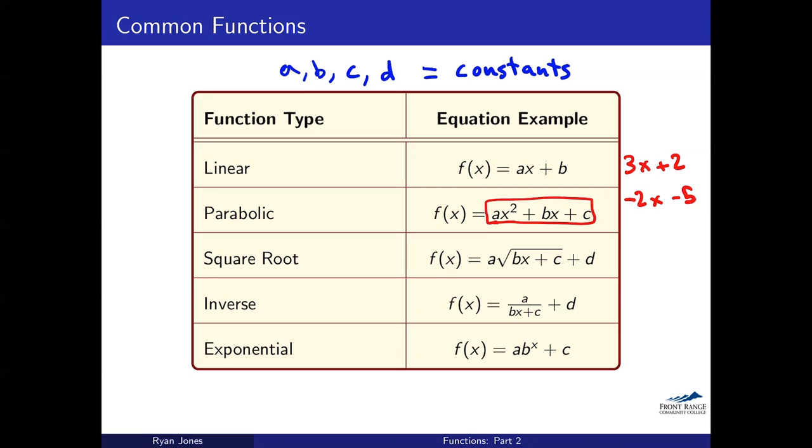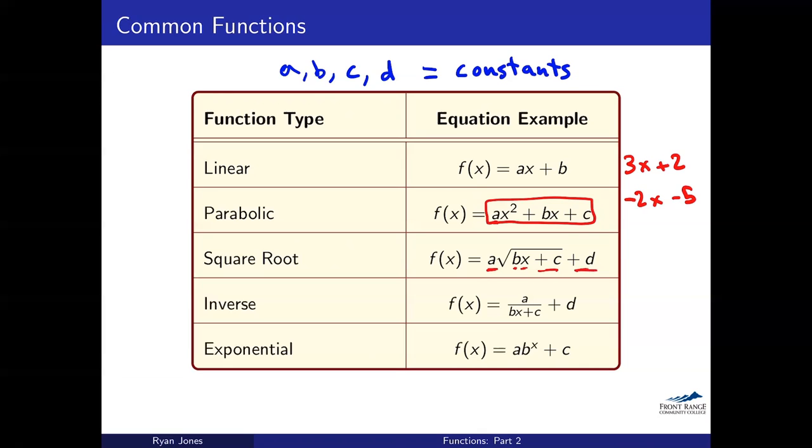With a square root, again, I can take my square root of x right here, and I can multiply the x by some number, call it b. I can also add to that another number, call it c. And then after I do all that, I can even multiply that entire square root by a number, call it a. And then at the end of all of that, I could add another number, d.